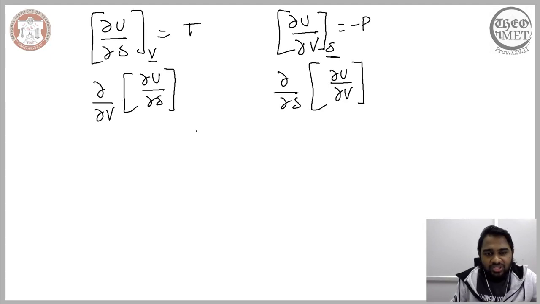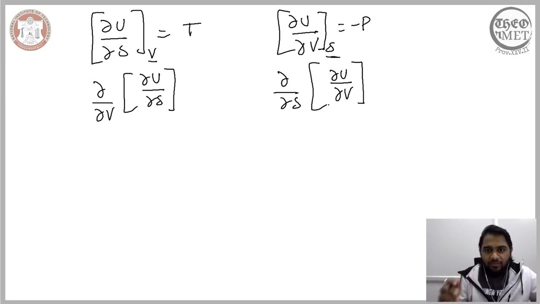We have a double derivative of the internal energy with respect to entropy and volume, and the double derivative of the internal energy with respect to volume and entropy. What has essentially happened is that just the order has been reversed. In both cases there is a double derivative, and what has changed is just the order.